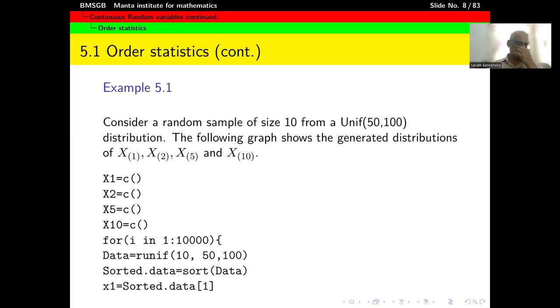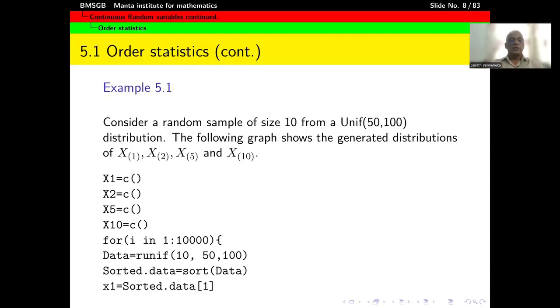Here, for example, capital X1 represents the set of all possible values that can be the first observation we get from this uniform distribution. Capital X2 represents the set of all possible values that will be the second observed value.